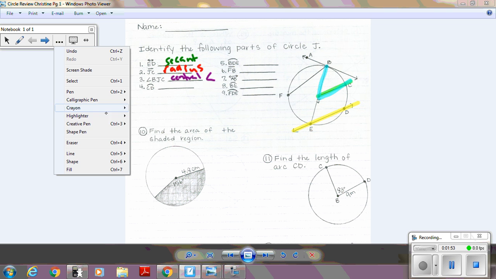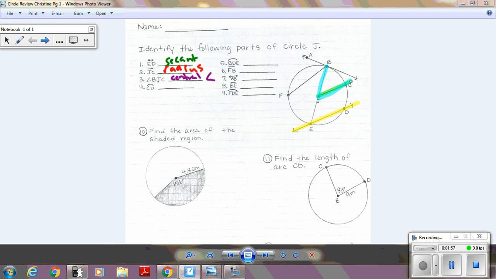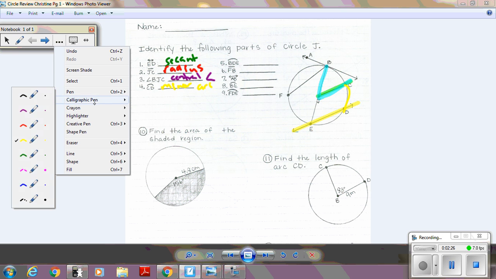Arc CD is next. Arc CD is this arc right here. And since arc CD is definitely not covering half of the circle, and it doesn't appear to be even larger than half of the circle, arc CD is a minor arc. Next up is arc BDE.